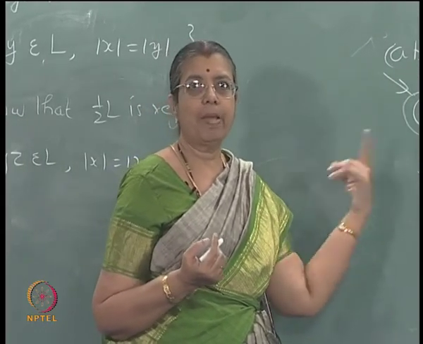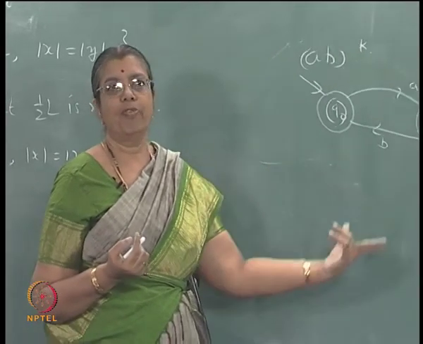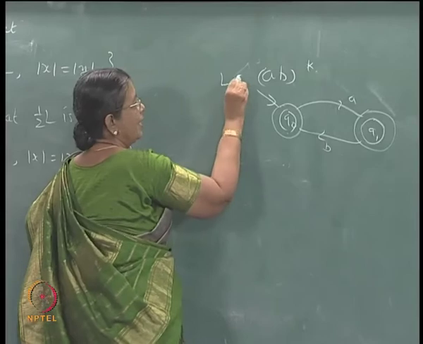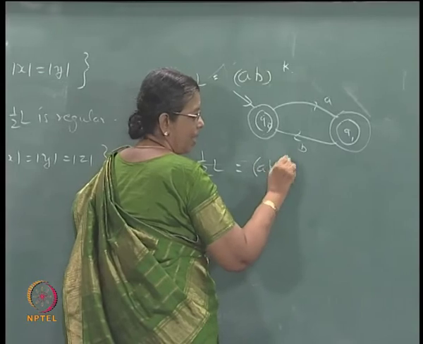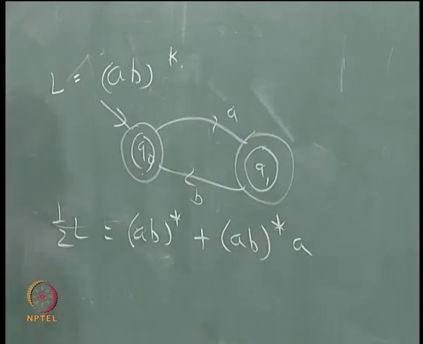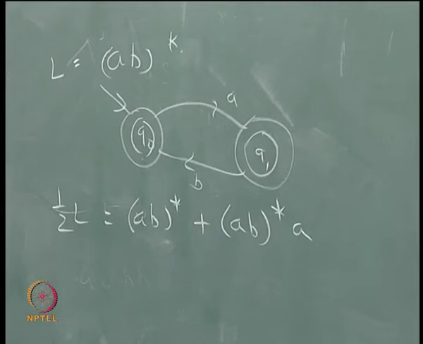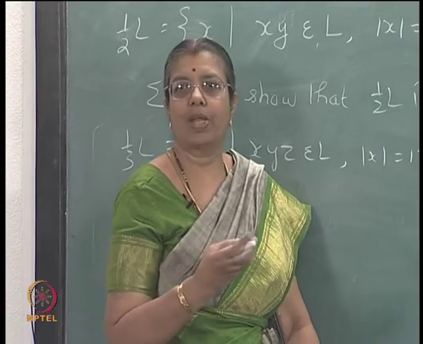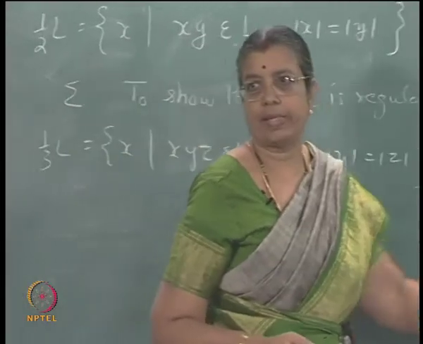If you take AB, AB, AB, you will get ABA. If you take AB 4 times, you will get AB, AB twice. So, half of L can be represented by this regular expression. Epsilon will also be there. You can have epsilon, you can have A, you can have AB, you can have ABA, you can have ABAB, you can have ABABA and so on. This is a regular set.